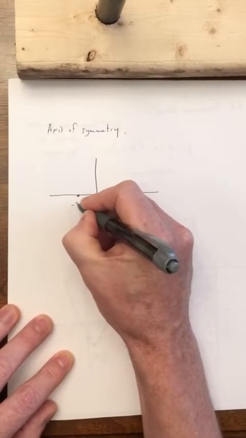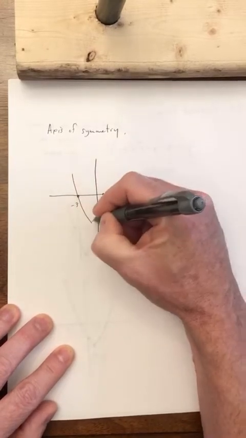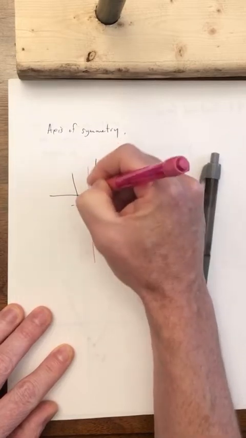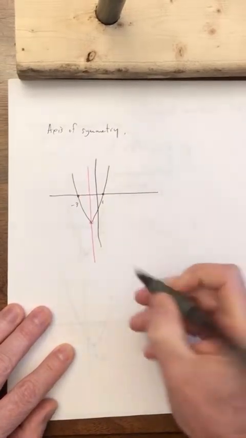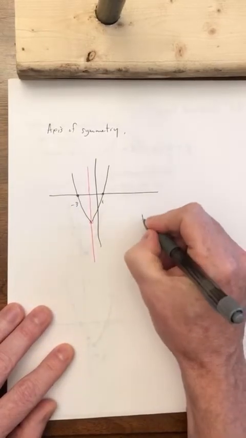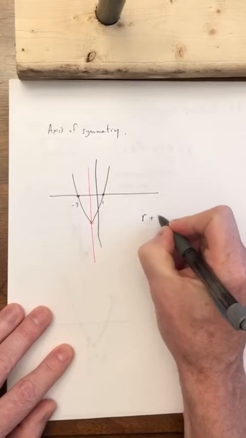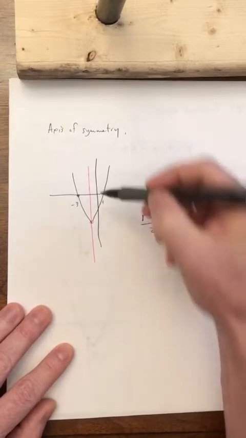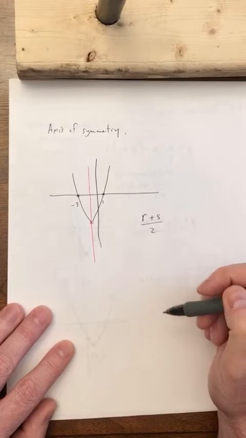We had a point, I believe, at -3. And we know that our axis of symmetry is going to fall halfway between those 2 points. So if we take our R value and add it to our S value and divide it by 2, that's going to give you our axis of symmetry.